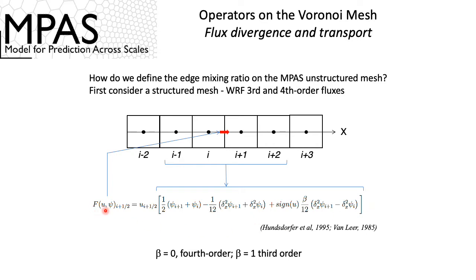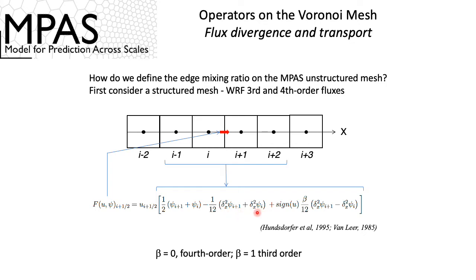It's got a velocity or a mass flux defined here, and then it's got a formula to take these values of the mixing ratios and project them onto the cell face. In this case, it's got a component that's an average of the two cells near the face, and that would be the second order approximation we use for the density when we do just the dry air mass flux divergence. But then it's got higher order terms that increase the spatial accuracy of that operator.